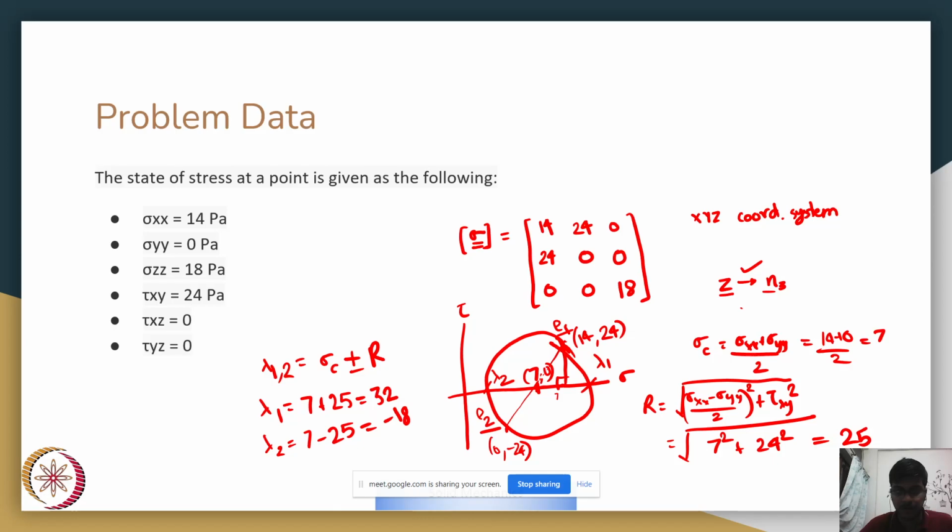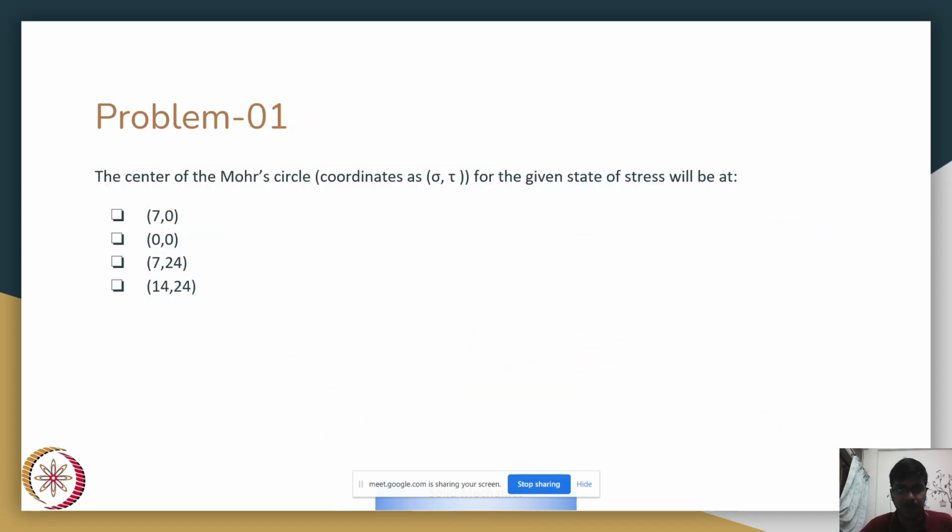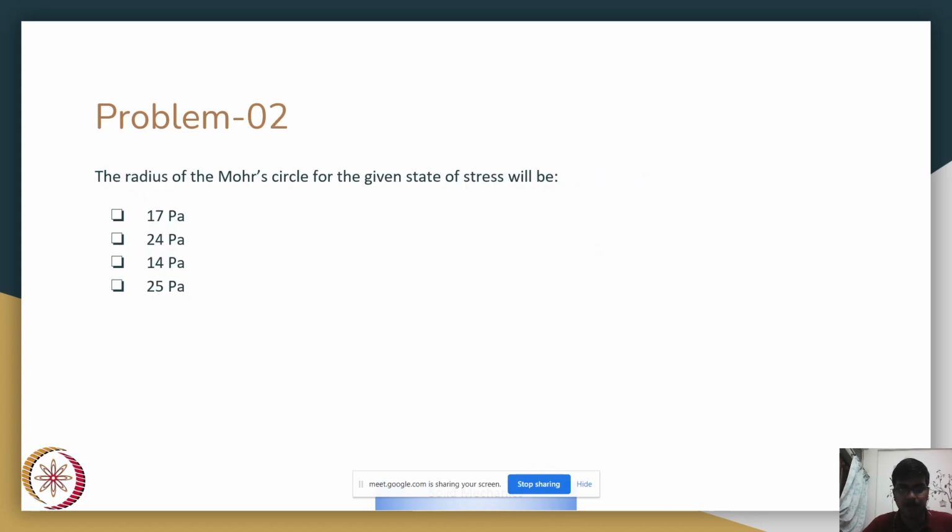Let's look at what questions we have. Okay, the first one is pretty straightforward. Center of Mohr circle, as we did, tau centroid will be 0. Sigma centroid will be (sigma xx plus sigma yy) by 2, which is nothing but 7. This is clear, right? Very straightforward. And again, I think I already calculated these things.